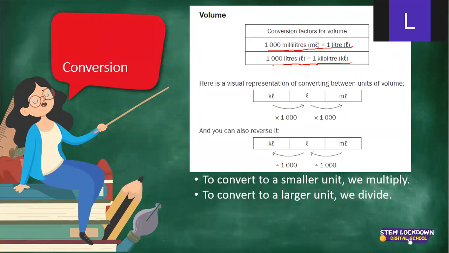To move from kiloliters to liters, you times by 1000. From liters to milliliters, you times by 1000. So to convert from big to small, you times. And the reverse is true. If I'm moving from a small unit to a bigger unit, I divide by 1000. So this is actually easy.